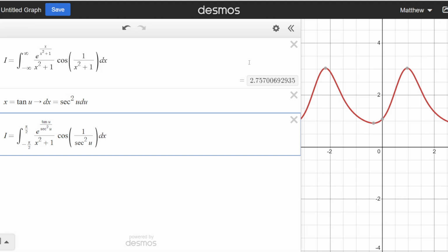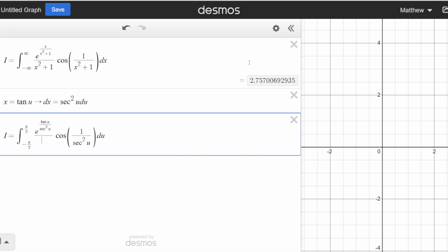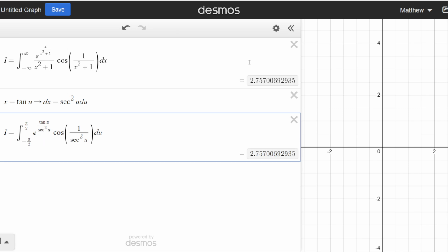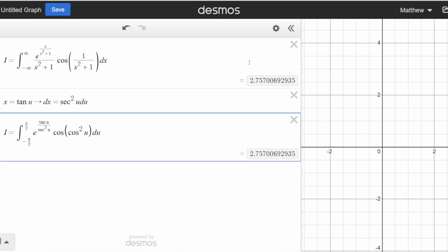Our dx is secant squared u du. And this x squared plus 1 is, again, secant squared u. All right, this secant squared u is going to cancel the other secant squared u. And this 1 over secant squared u will become cosine squared u.